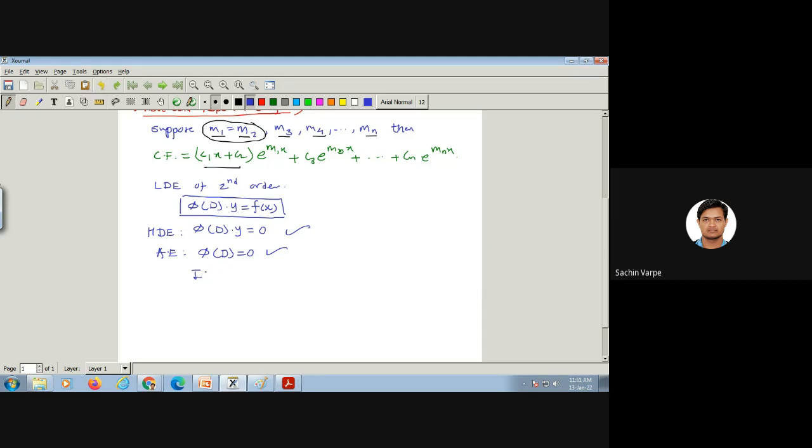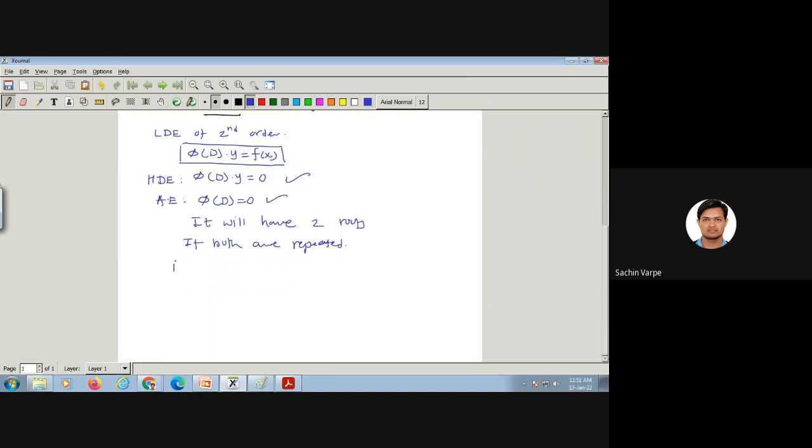It will have two roots, and if both the roots are repeated, suppose D equal to m1 is the repeated root.